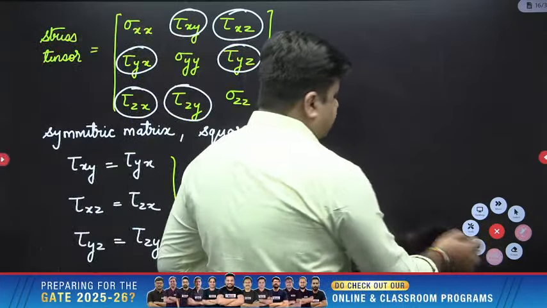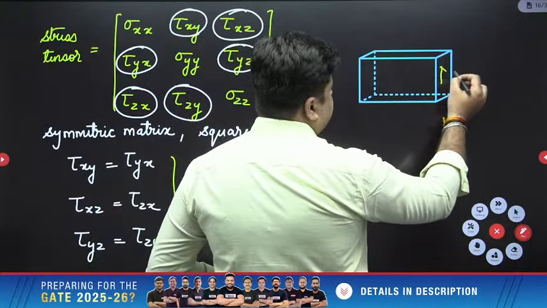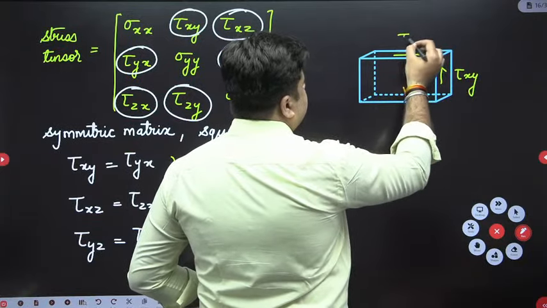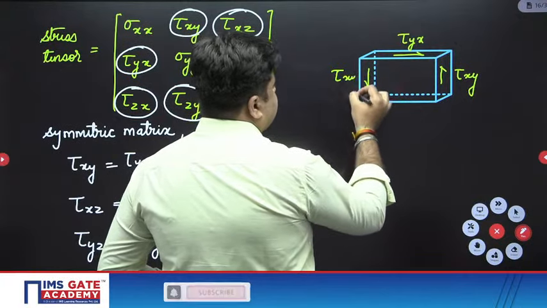Now, in order to prove that these values are equal, I will simply consider one element like this, subjected to a shear stress of tau xy and tau yx like this. On the other plane also, this is tau xy and this is tau yx.